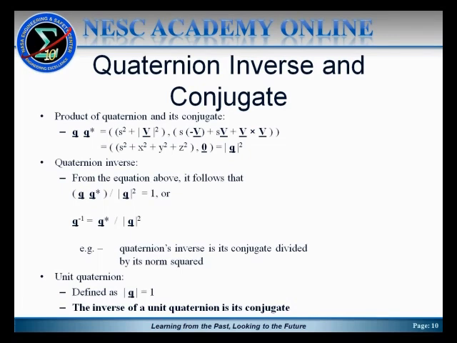And if you look at the expression above, then if the norm is 1, the inverse of the quaternion is nothing more than its conjugate, which will be very useful in doing some of the manipulations that you will do in flight mechanics applications, in that you can very simply compute the inverse without having to divide by the RSS, or the root sum square of the components of the quaternion.